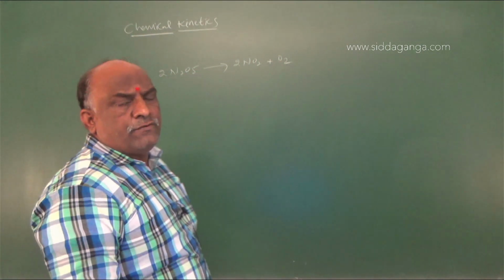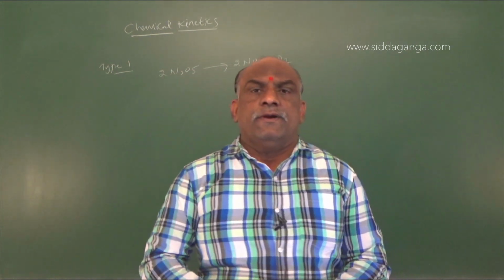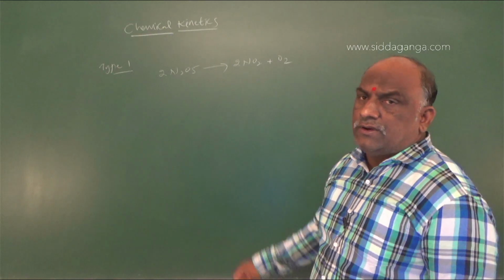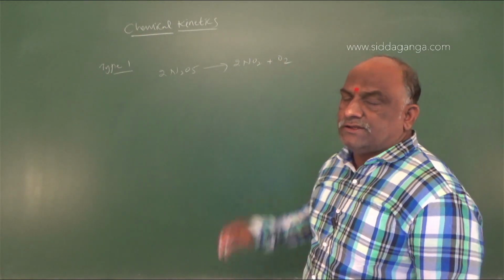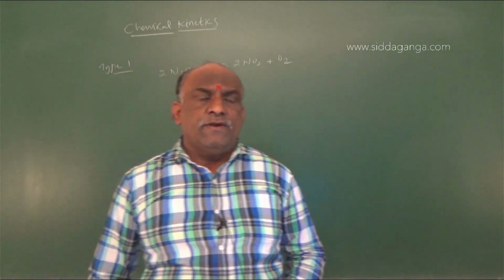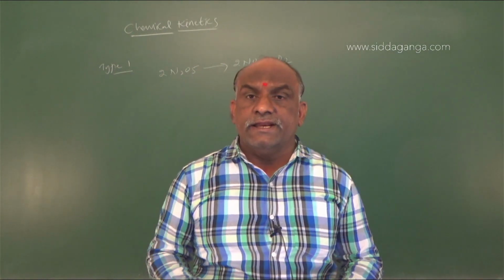Thermal decomposition of dinitrogen pentoxide gives rise to nitrogen dioxide plus oxygen. And we have to find the rate constant relations.